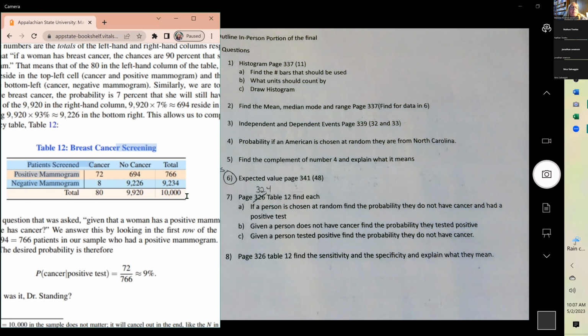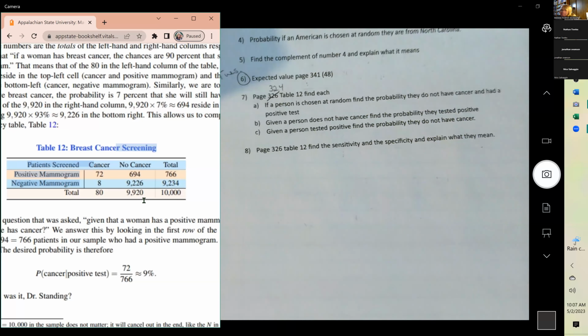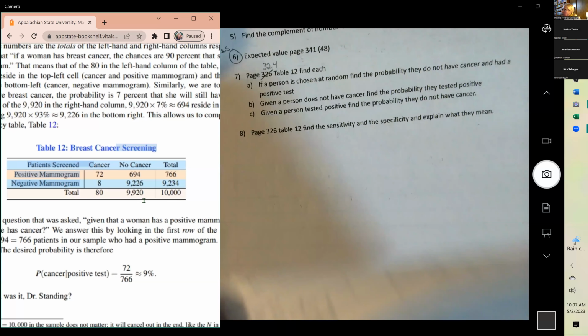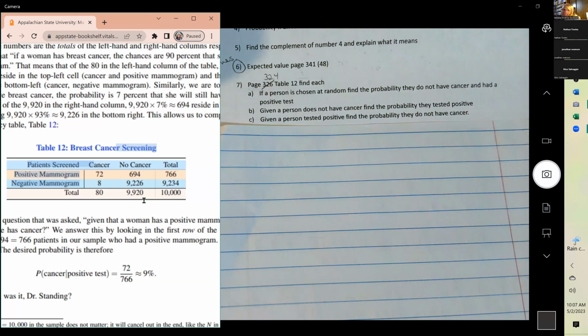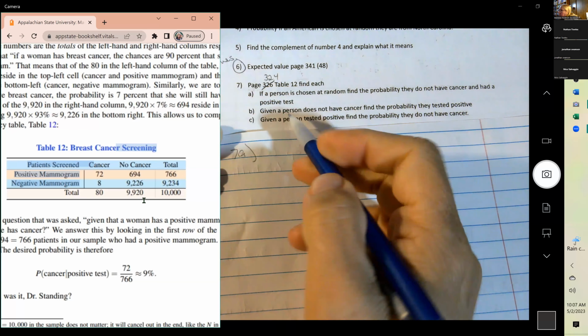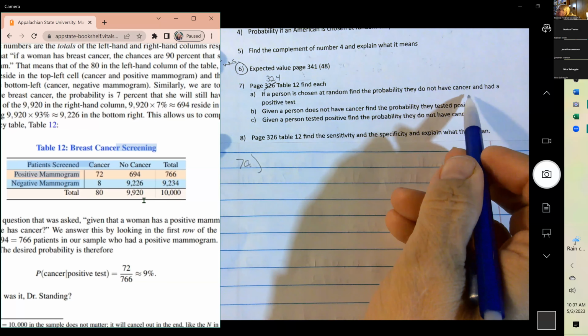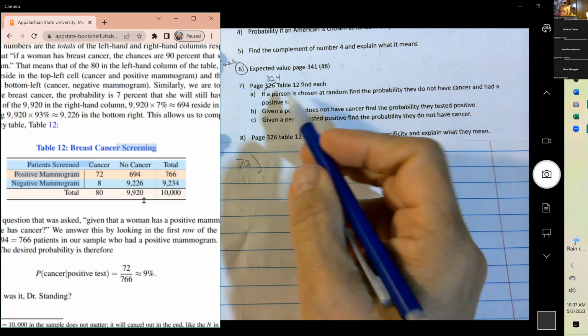This is breast cancer screening. This is your test, to test positive or negative, and going down is cancer or no cancer. If a person is chosen at random, find the probability they do not have cancer and had a positive test.